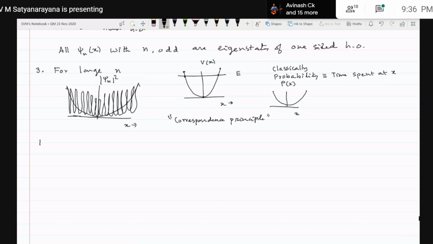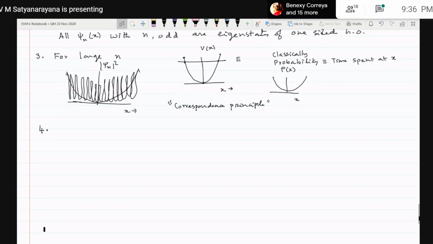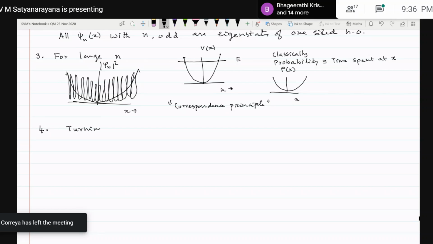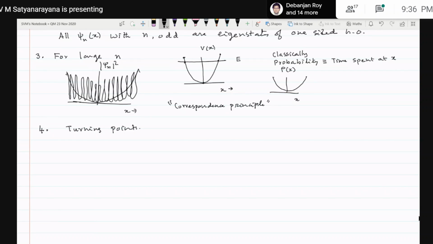And the fourth remark I wanted to make is that, as I told you, if you fix your energy, then there are certain points called turning points. In this particular picture, let's say this is your potential V of x, and this is the total energy of the system.